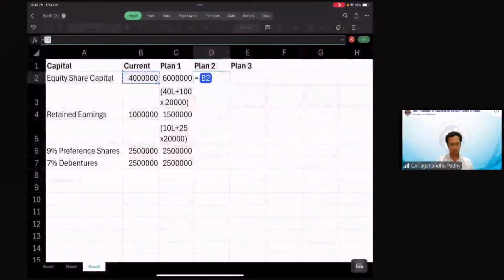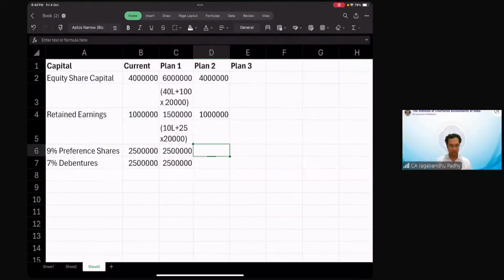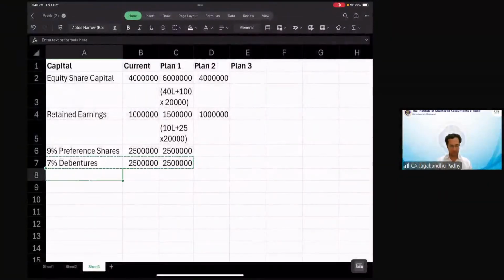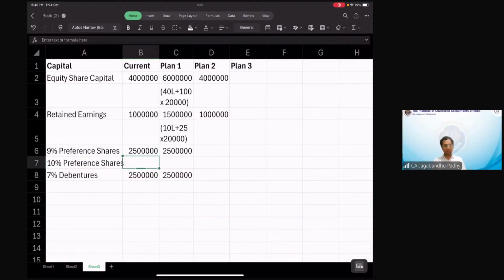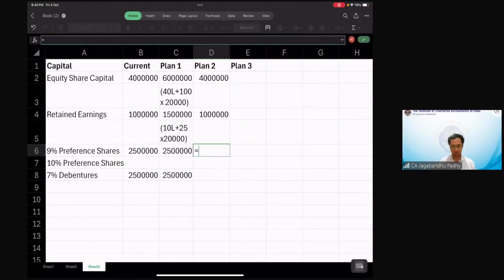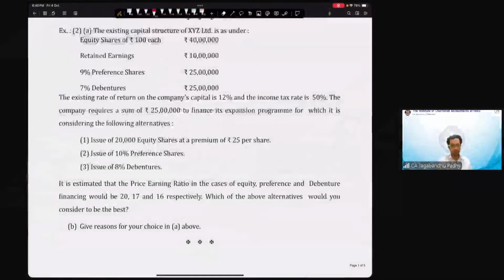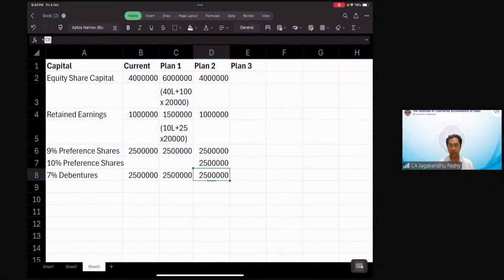Of course, the equity shares and retained earnings remain the same. Along with the older 9% preference shares, which continue, we have 10% preference shares of 25 lakh coming in plan 2.